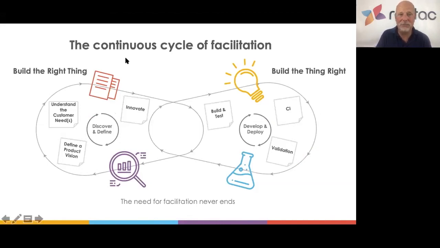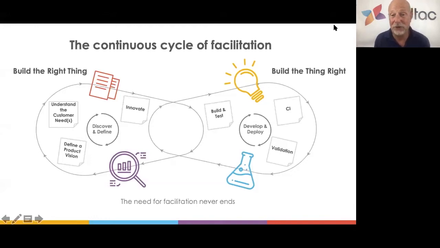So building the right thing, or finding out what the right thing is to build, and then building the thing right. So on the left here, we're going to do some discovery and definition, some innovation, working with the market, producing things very quickly, getting some feedback on it, understanding the customer needs, defining the vision, all that sort of good stuff. So this is where we're going to be interacting with the product owner, the innovative and creative teams, thinking about what needs to be there. Make sure we're building the right thing.